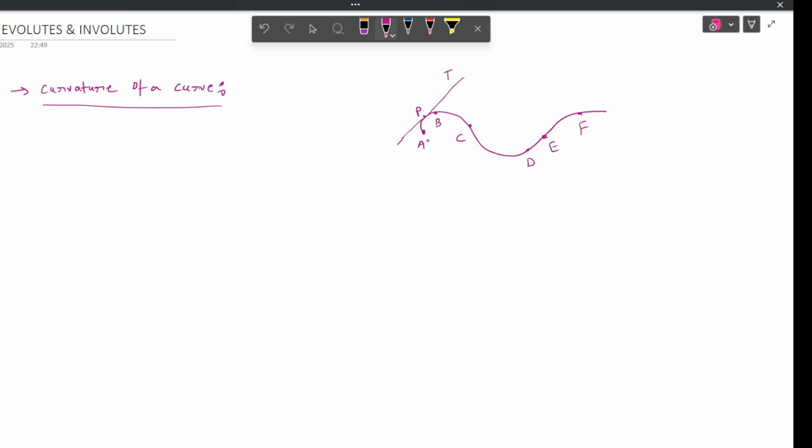So we can see that as P moves on the curve, this tangent will turn. This rotation will be higher from B to C than that within the arc AB. The rotation will be higher in BC than AB.